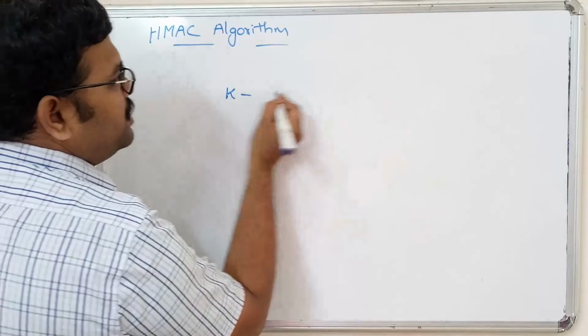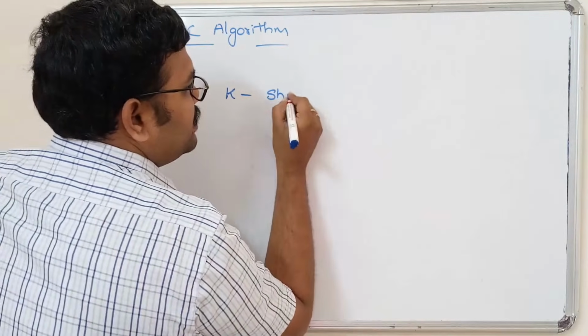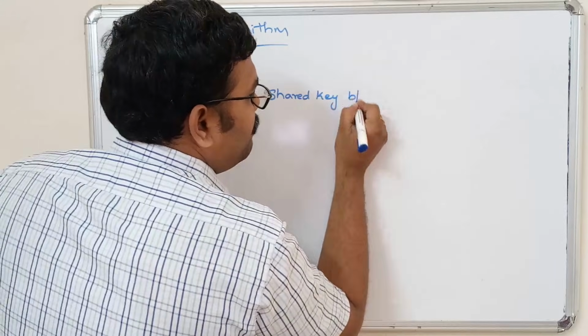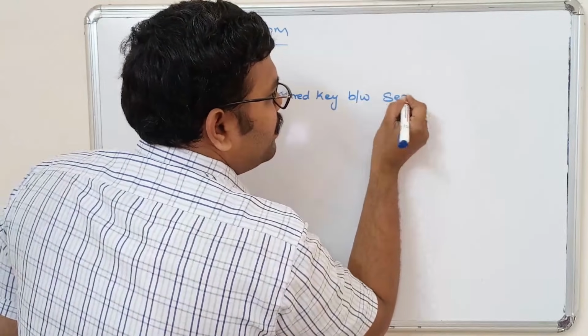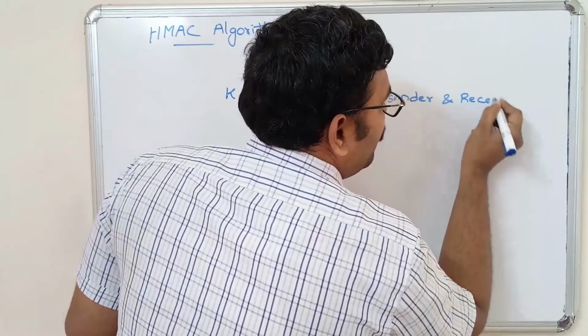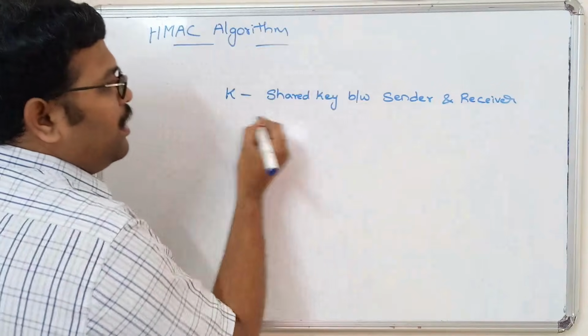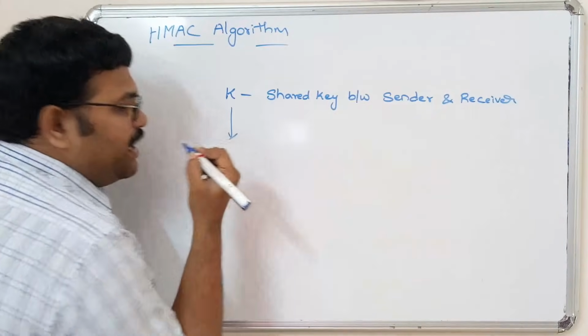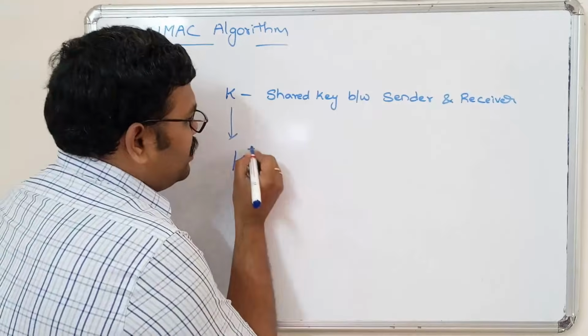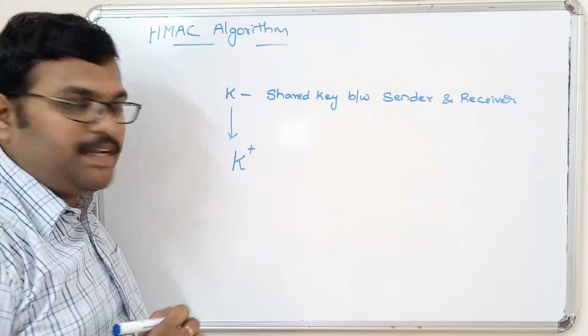So the key we use is a shared key between sender and receiver, and from this key we have to generate K plus. How do we generate this K plus?